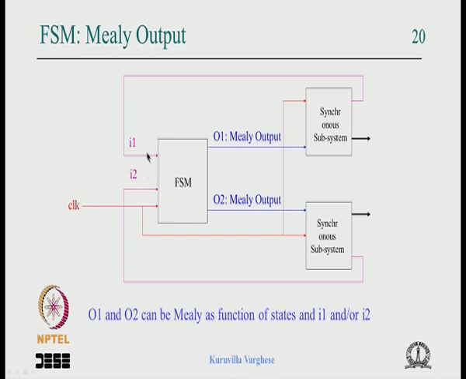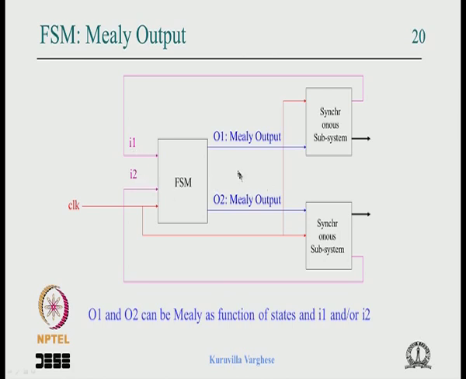The state machine in this case has 2 inputs, I1, I2. It has 2 control outputs, O1, O2. Now it is very clear that O1 can be generated as a function of I1 and/or I2, as a Mealy output. O2 can also be a Mealy output as a function of I1 and/or I2.